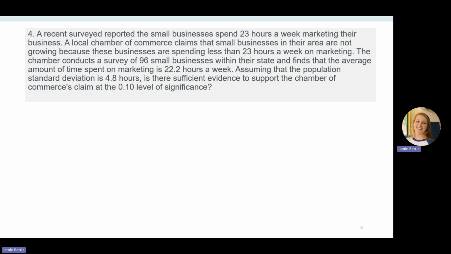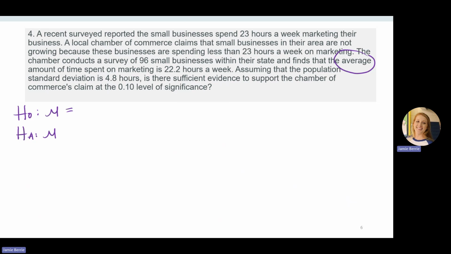All right, so I'm going to set up my null and alternative hypotheses. I'm looking for the word mean. Oh yeah, there we go, average. All right, so I see the word average. I know that I'm working with the average or the mean, so put mu on both of them.